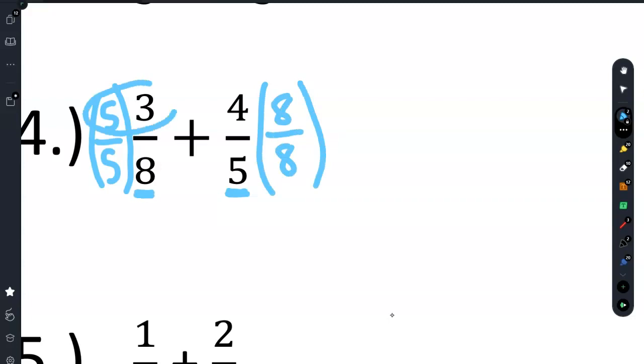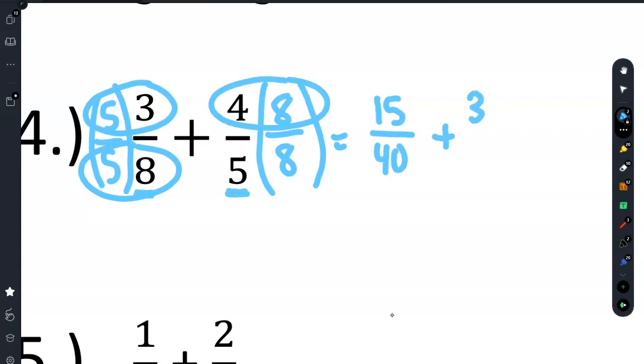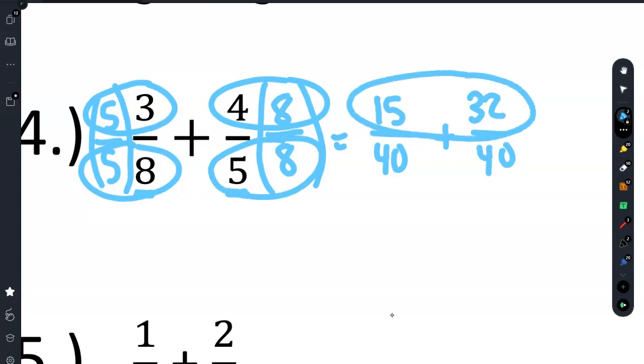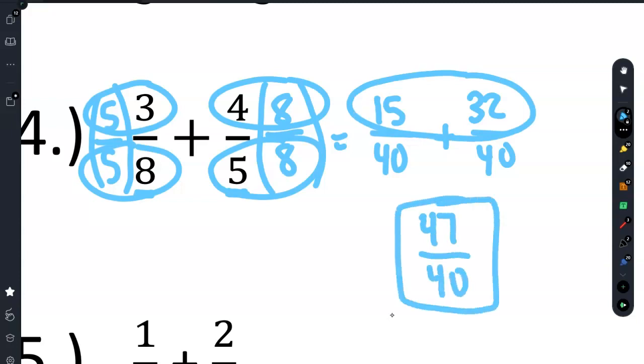And if I do that, 5 times 3 is 15. 5 times 8 is 40. 4 times 8 is 32. 5 times 8 is 40. And now you can see I have a common denominator where I would just add my top two, and I get 47 over 40, which would be an improper fraction, but that would be my answer.